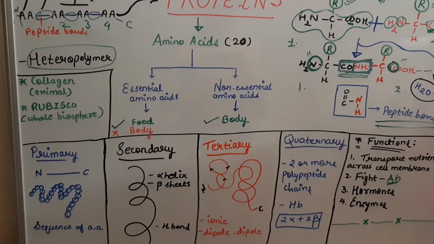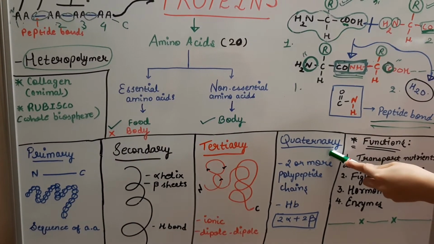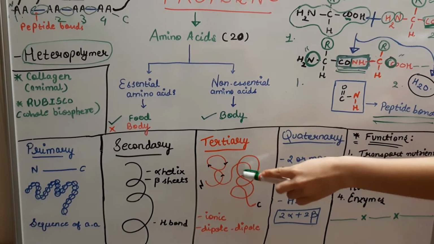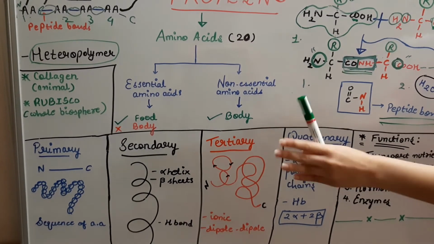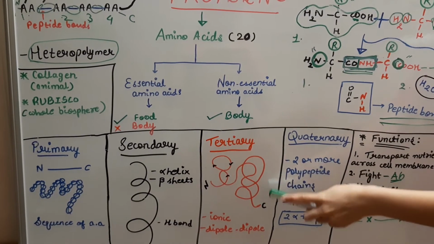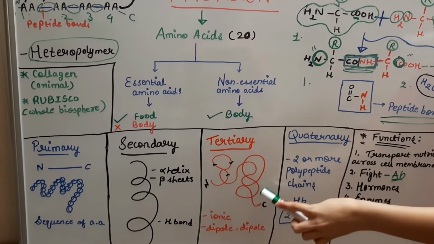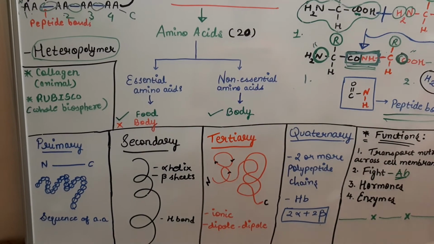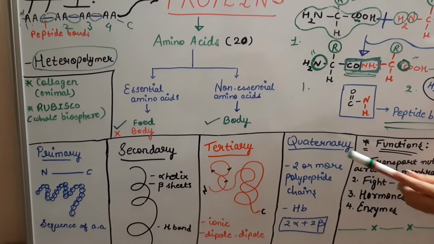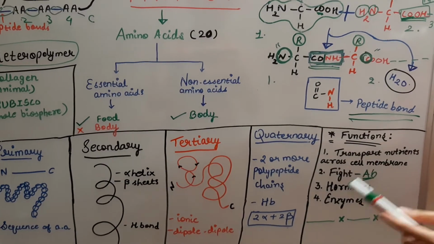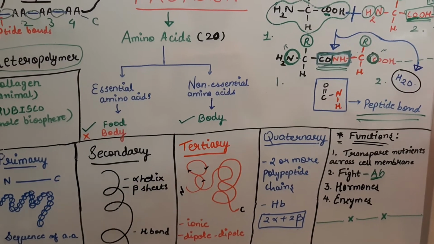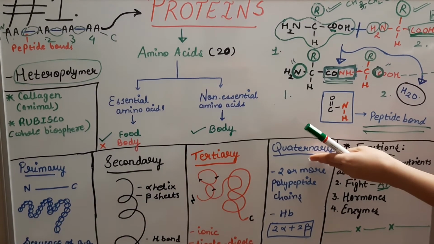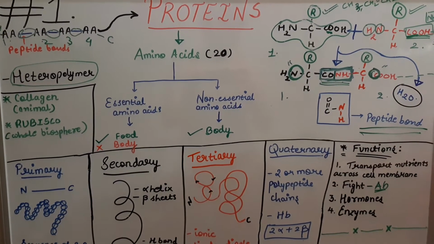Now the fourth type of structure is the quaternary structure, where the polypeptide chain is further folded upon itself to form a hollow, woolen ball-like structure. Quaternary structure is formed when more than two polypeptide chains combine together.